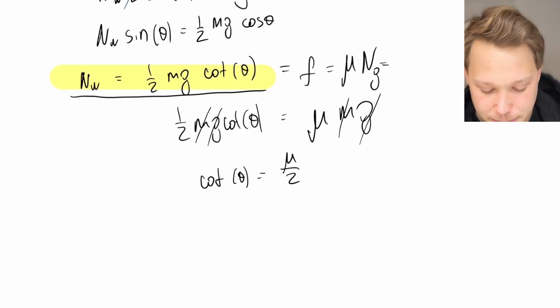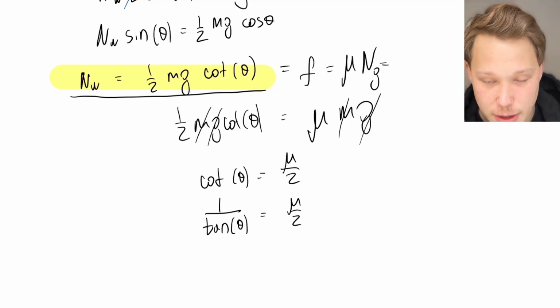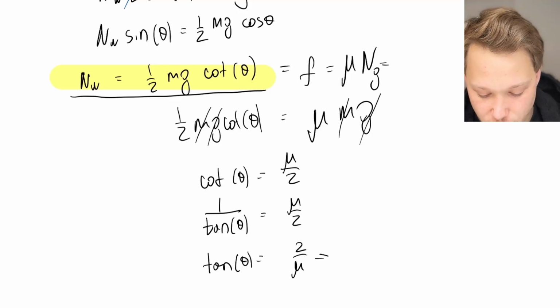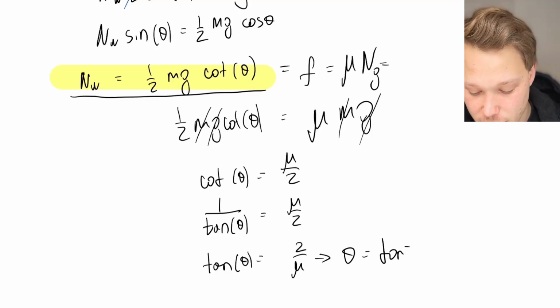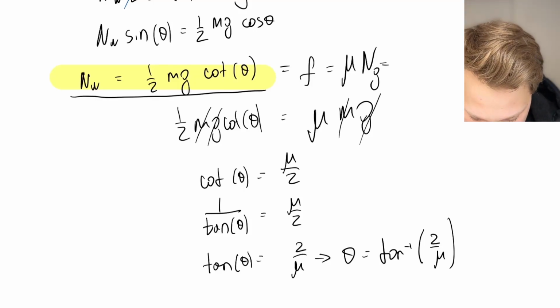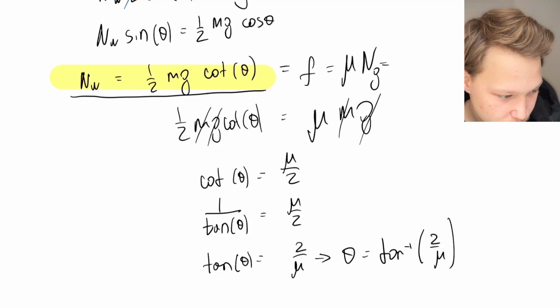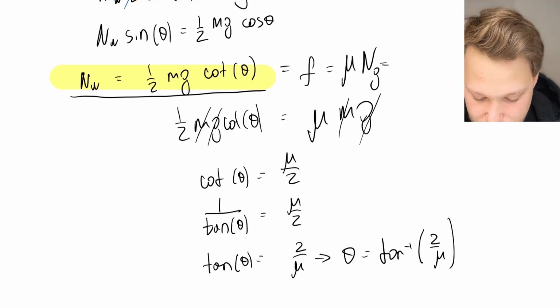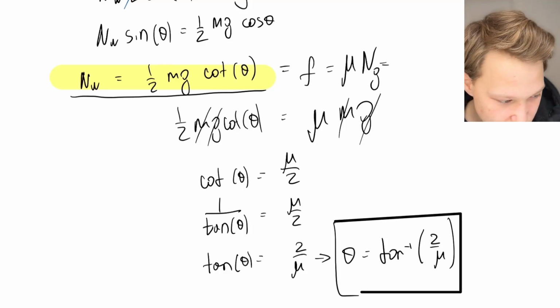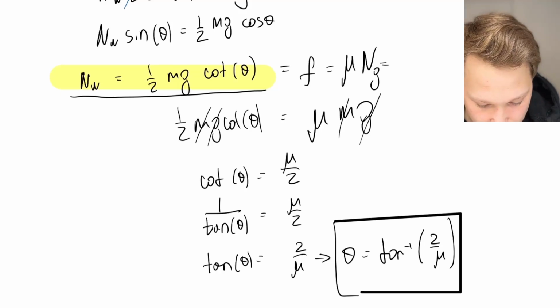Let's rewrite cotangent in terms of tangent. So, flip both sides. And since we're looking for the angle, I'm going to take inverse tan of both sides to find my final answer over here. So let's check. Let me just double check this.